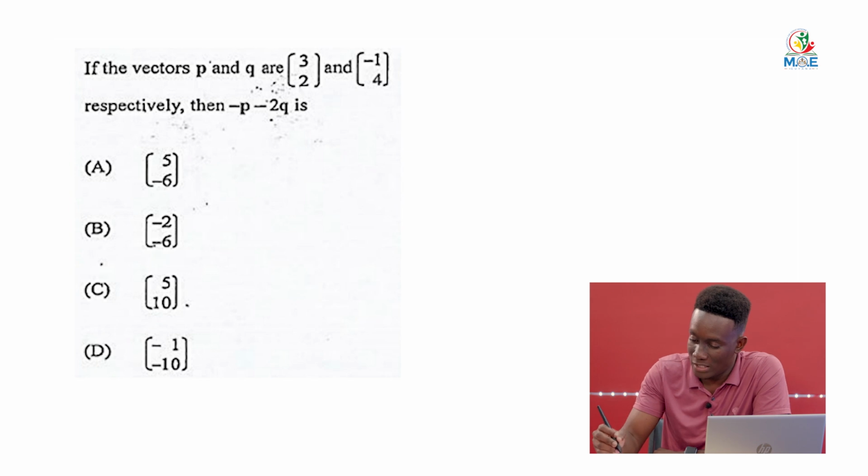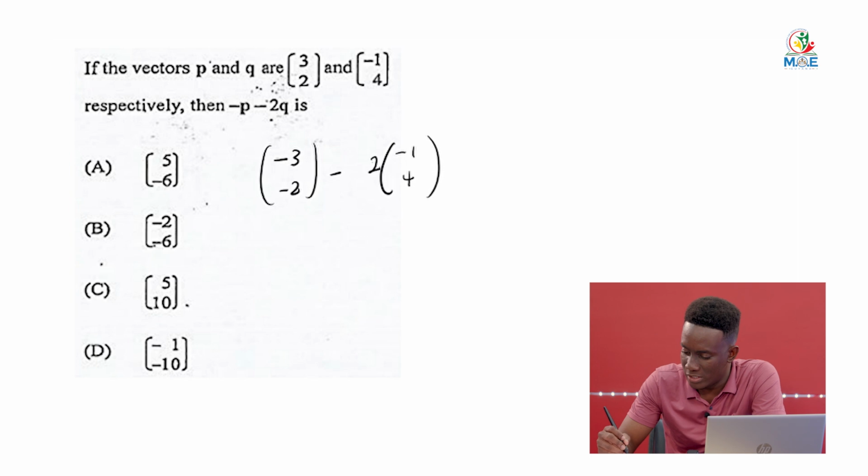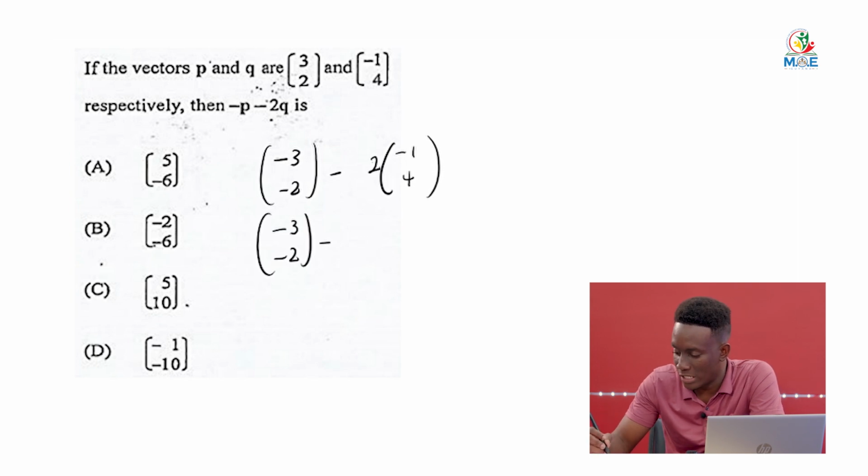Negative p will just be negative both of these, so it will be negative 3, negative 2, subtract 2 multiplied by negative 1, 4. So we know this will be negative 3, negative 2. Subtract 2 times negative 1 would be a negative 2, and 2 times 4 would be 8.